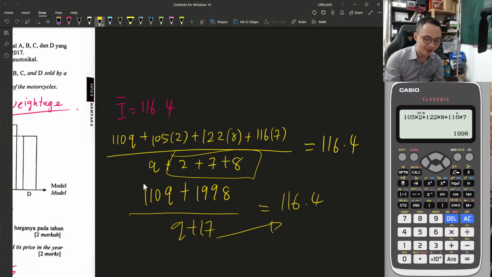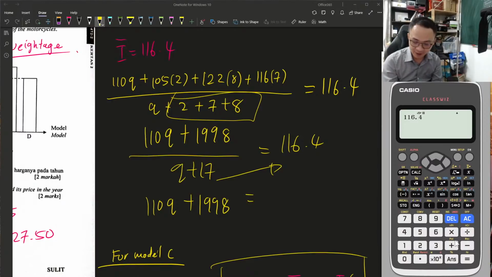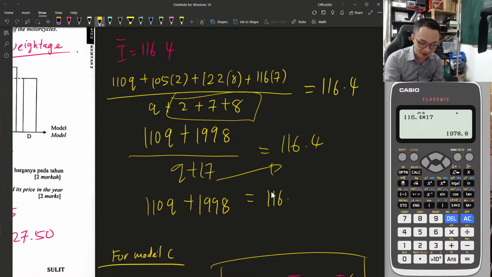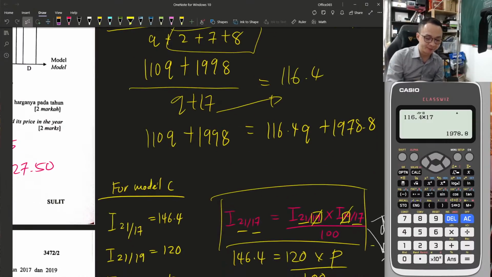I move the other side, like crossover multiply. 110Q plus 1998 equals 116.4 times 17. Okay, so 116.4Q plus 1978.8. Alright, then Q and Q we group together.